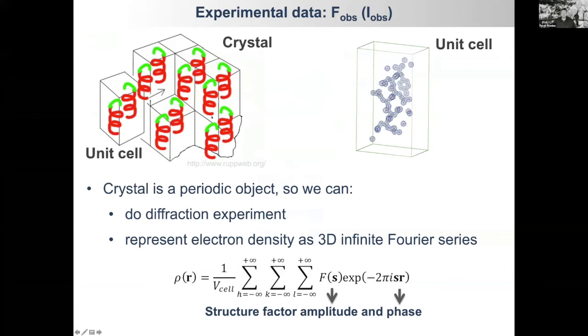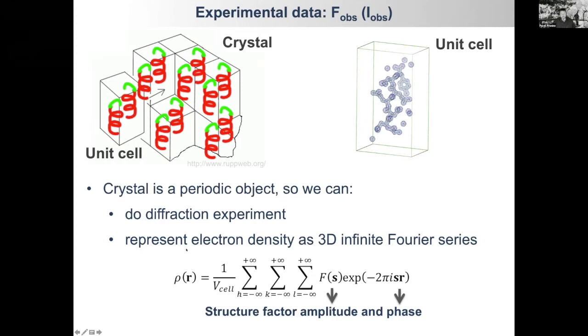And this fact has 2 consequences. First, we can do a diffraction experiment because crystals are periodic objects. And the other one is that the electron density distribution in the crystal can be represented as a 3-dimensional infinite Fourier series.